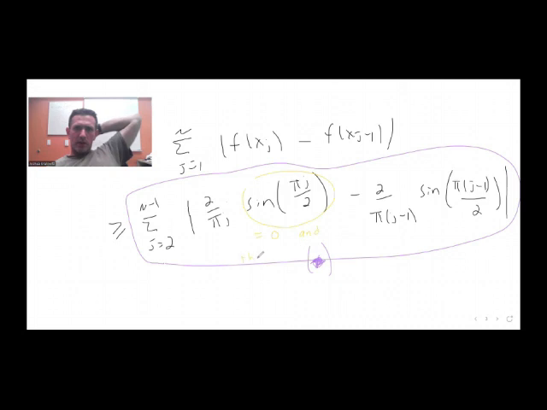So one of them is 0, the other one is plus or minus 1.